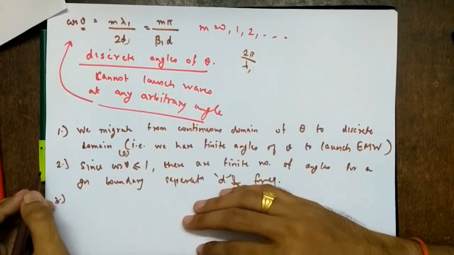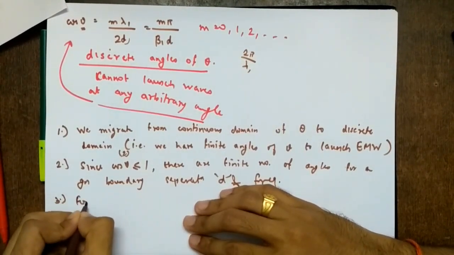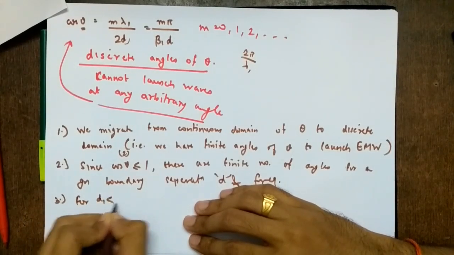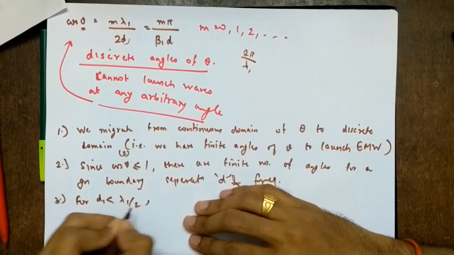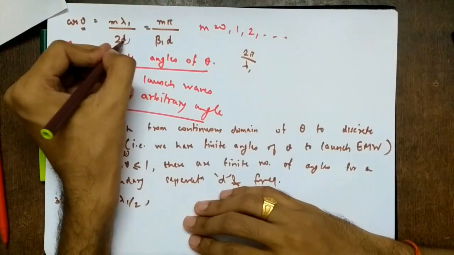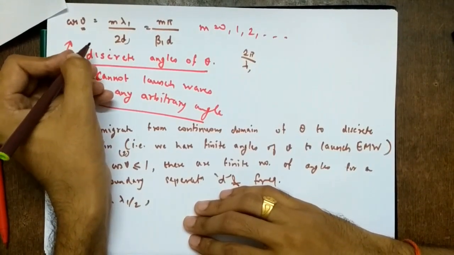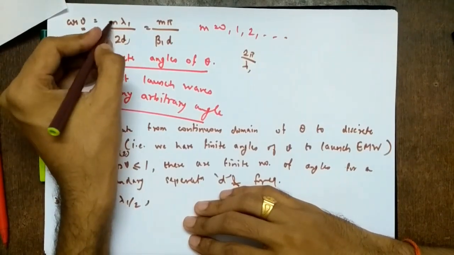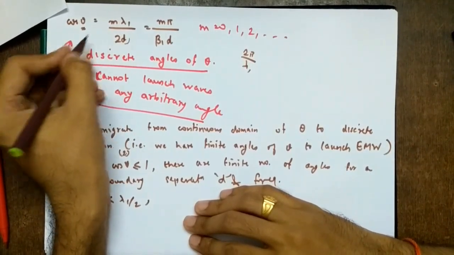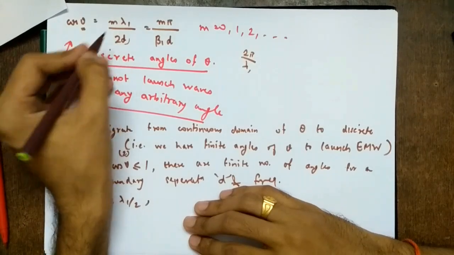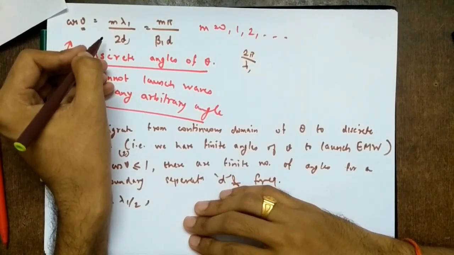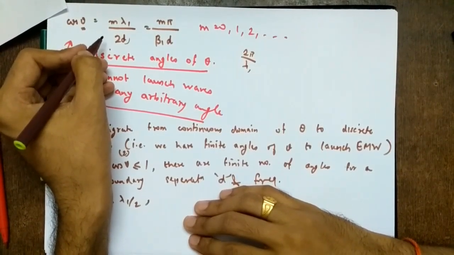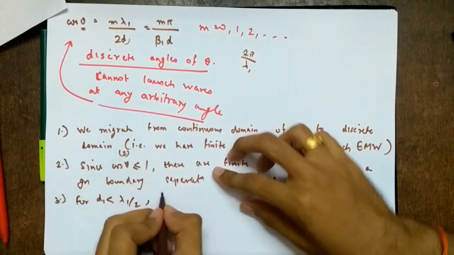Next, third point. What if d is less than lambda 1 by 2? Then lambda 1 gets cancelled, 2 gets cancelled. So m cannot be greater than 1. So m is 0 or 1 maximum, right? What does this imply?